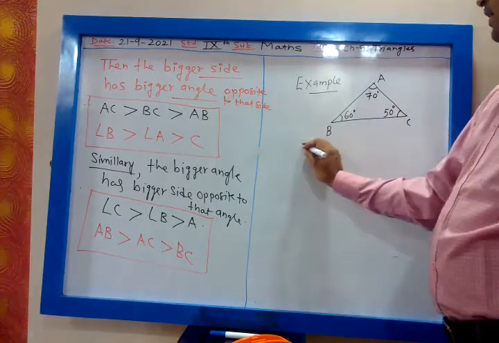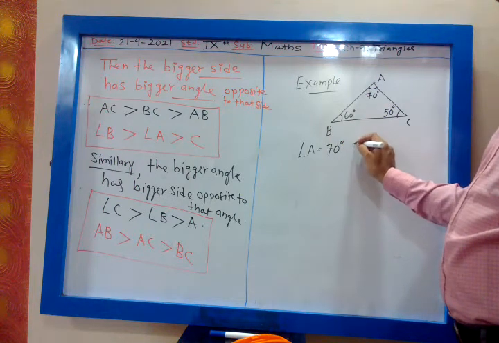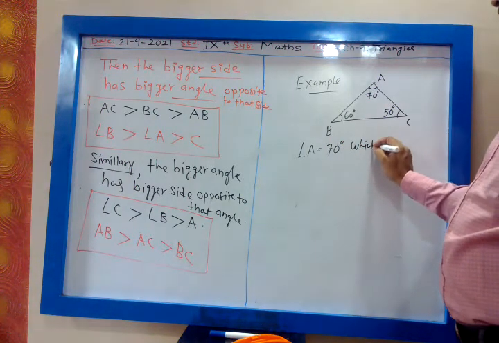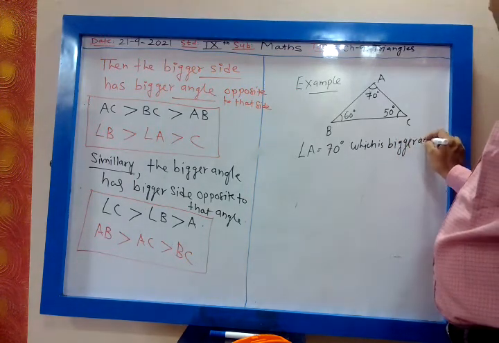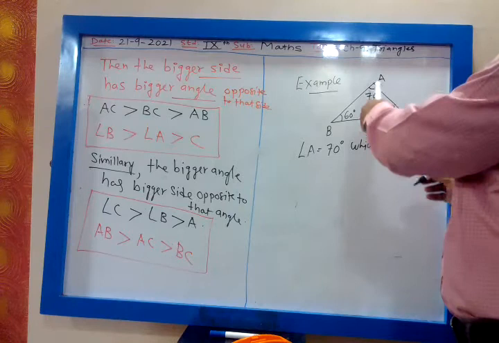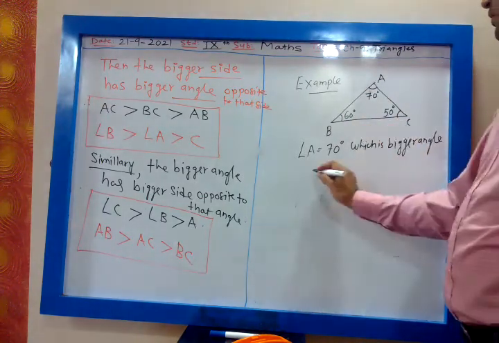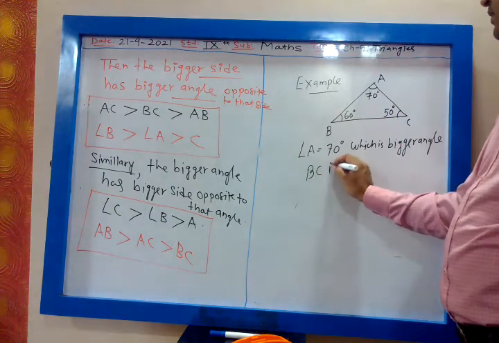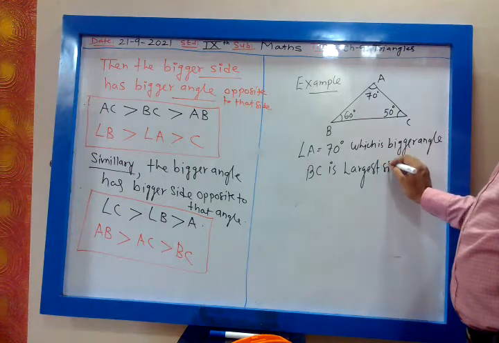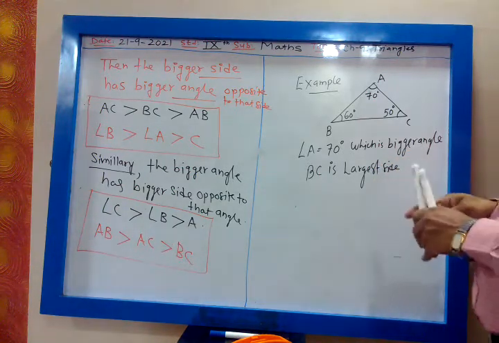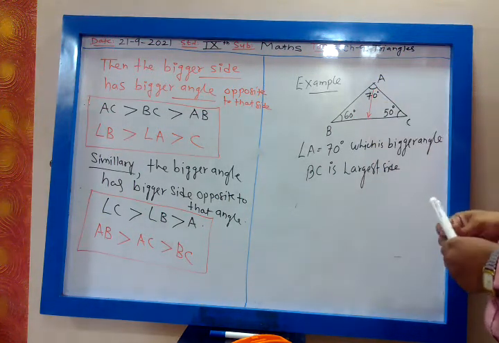Angle A is 70 degrees. All three angles are different. So BC is the largest side, because the side opposite the bigger angle is BC.